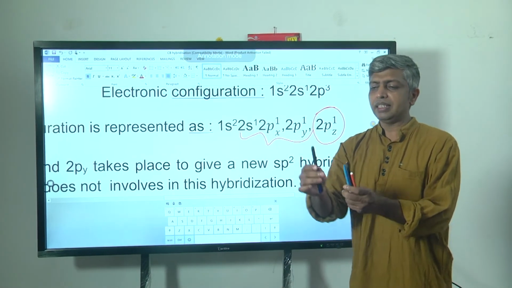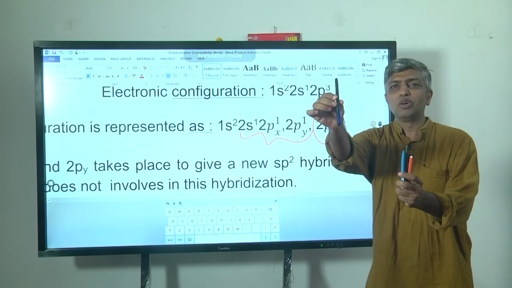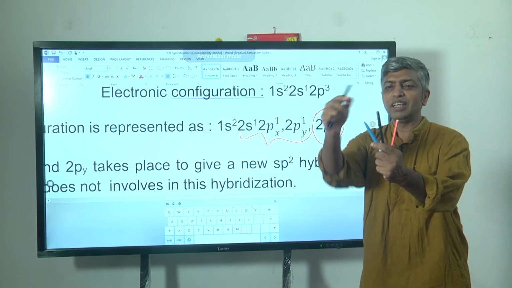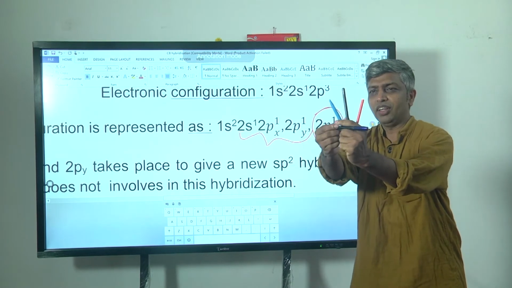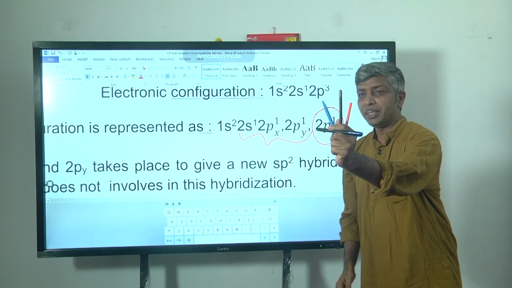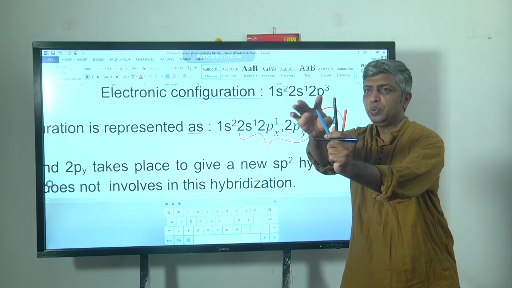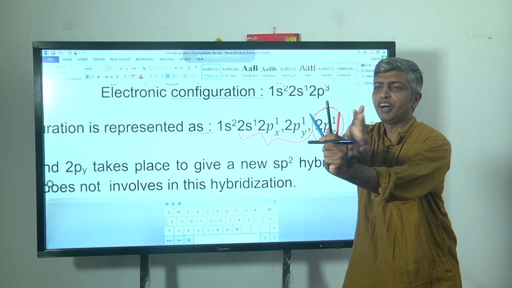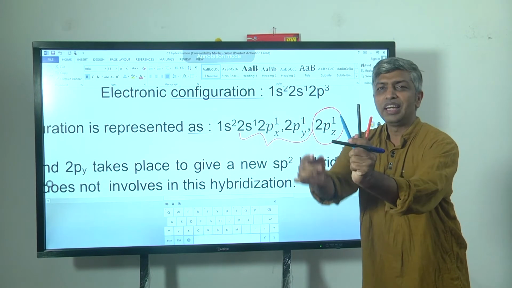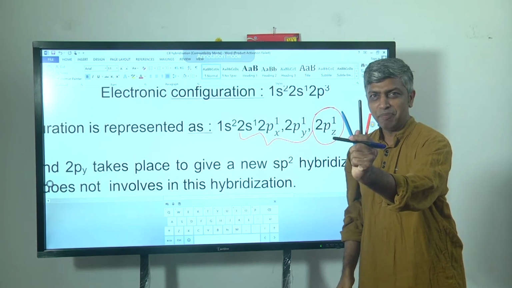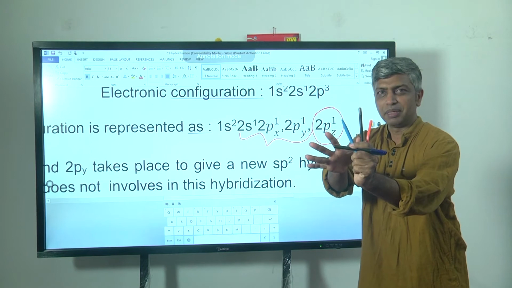I will take 2pz1 as not involved in hybridization, while the other three are involved. Now we are counting the lobes: 1, 2, 3, 4, 5 are there, because 2pz1 is not involved. That is why you get this representation.